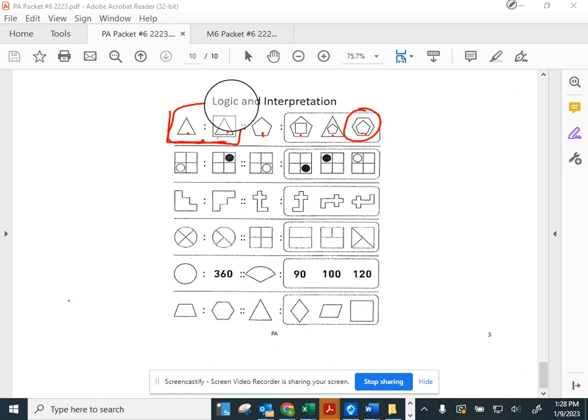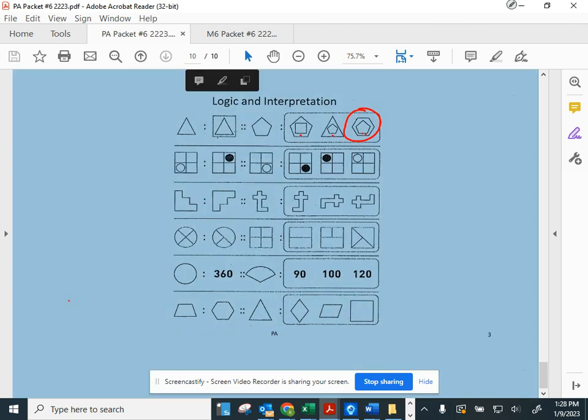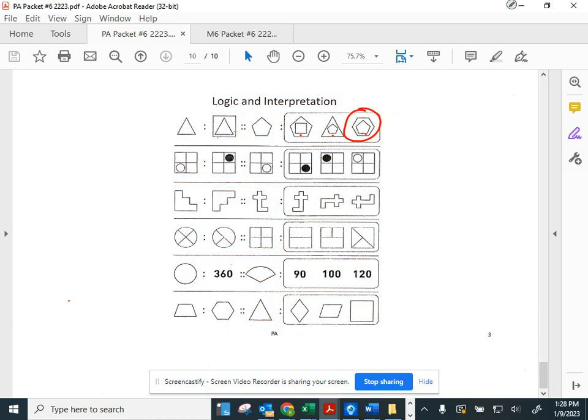So all you have to do for this is circle what is going to come next in the pattern. So it's not a pattern 1, 2, 3, 4. It's a pattern of 1, 2, 1, 2. Like, what is going to come next if I have the same pattern? So it's all about patterns.